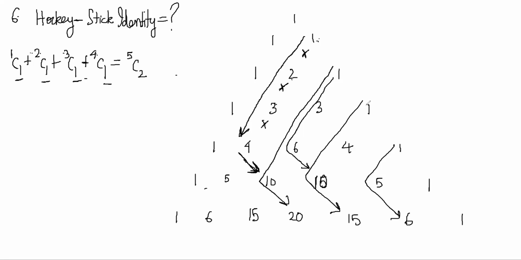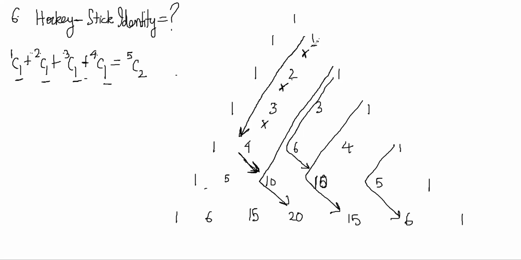Okay, fine. So you can write it as mCr, right? It has to start from one end, right? Yes, it has to start from this end. So you can write this identity in a general way as mCm, right?